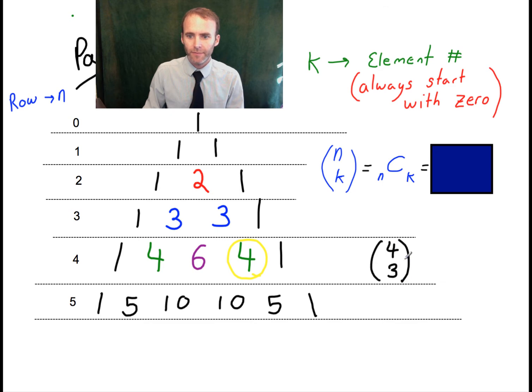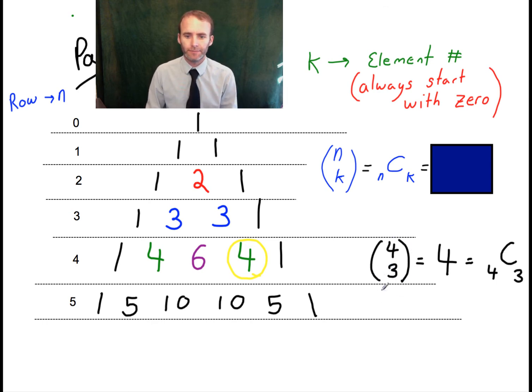That means that row 4, element 3, gives us a 4. That would be equivalent to writing it in this form, with my row number 4 and my element 3. We are going to concentrate on this style right here, however.